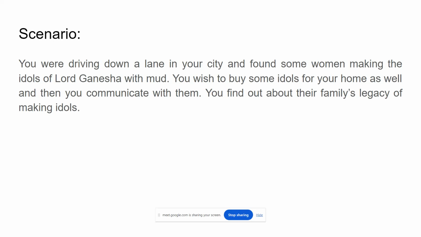So once you were quite curious enough to know why these women are making idols of Lord Ganesha only, and not doing any other work, you started talking, and then you found out that it's sort of a generational thing.